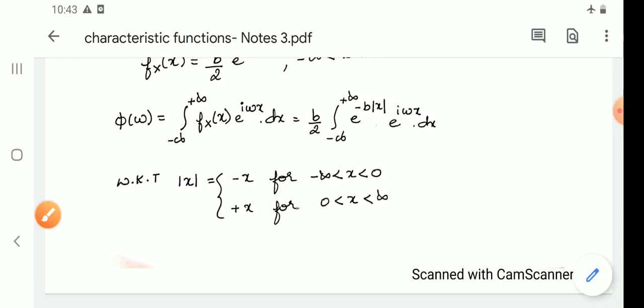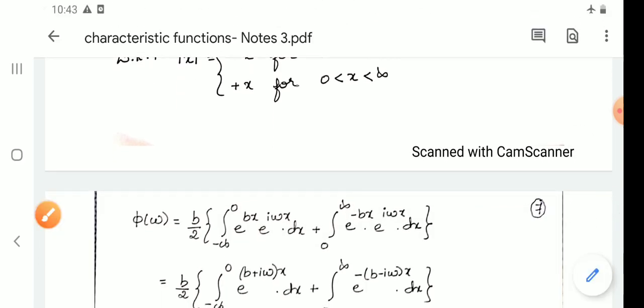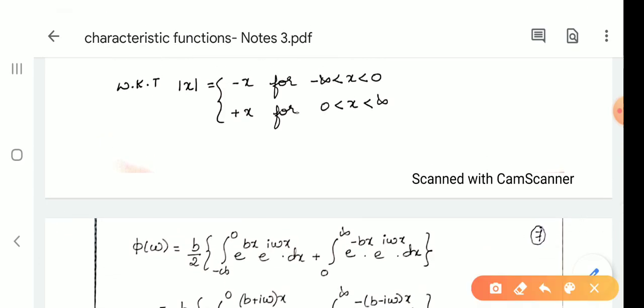So, when we rewrite this, the integral splits into 2 and it becomes phi of omega is equal to b by 2 times the integral from minus infinity to 0 of e to the power bx into e to the power I omega x dx. For the interval 0 to infinity, it becomes integral 0 to infinity e to the power minus bx into e to the power I omega x dx.